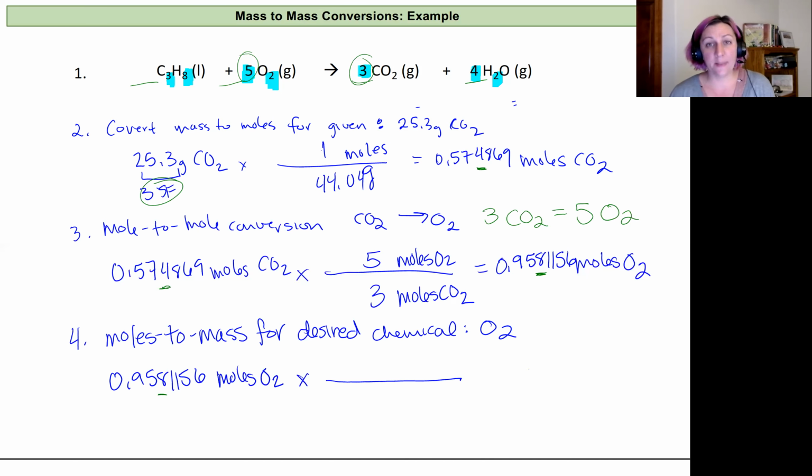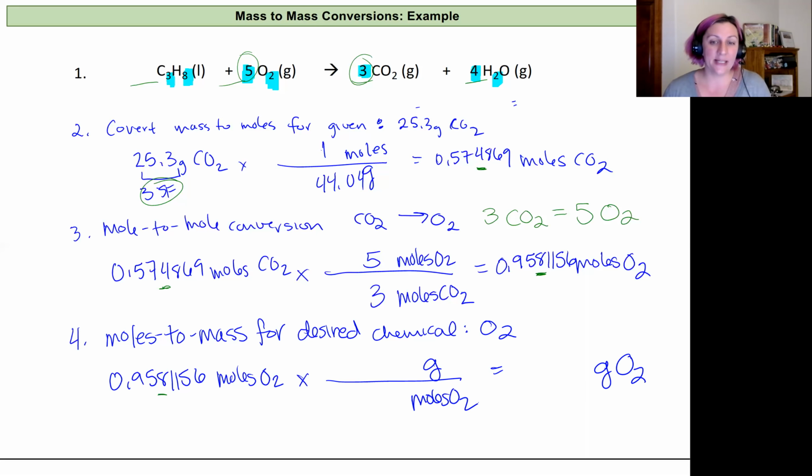I'm going to multiply this by a conversion factor to get an answer that's in grams of oxygen. So on the top of that conversion factor, I need that unit of grams, and I need moles of oxygen on the bottom, so that way those units cancel out. And that's molar mass again.